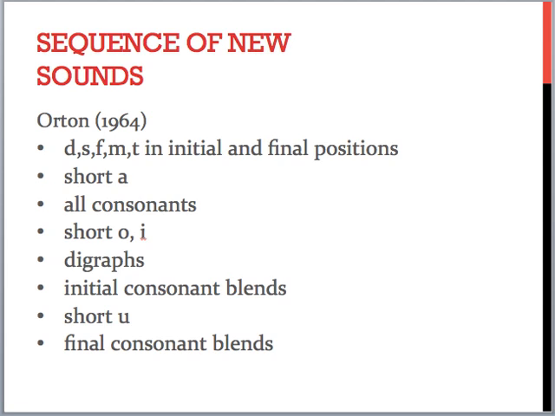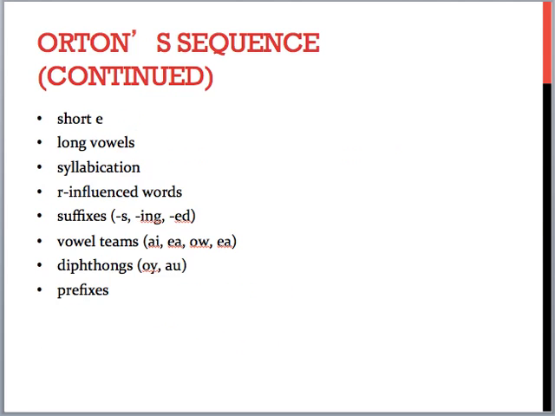In terms of the sequencing of new sounds, what we want to do is kind of in this order. We introduce D, S, F, M, and T in their initial and final positions first. Then we introduce the short A, and then once we have those down, we can introduce all of the consonant sounds. Then short O and short I, the digraphs, the initial consonant blends, the short U, and then the final consonant blends.